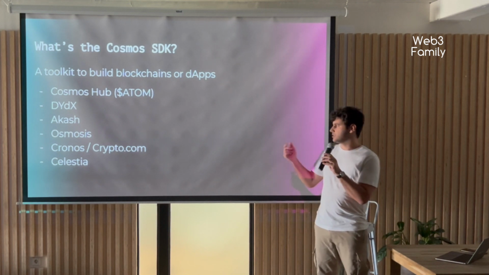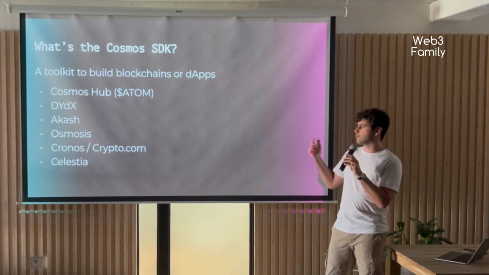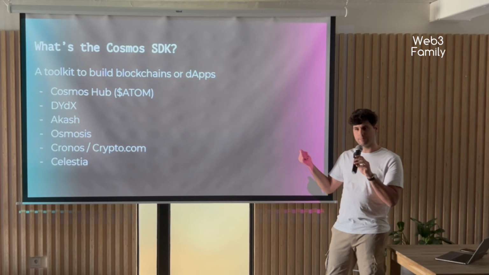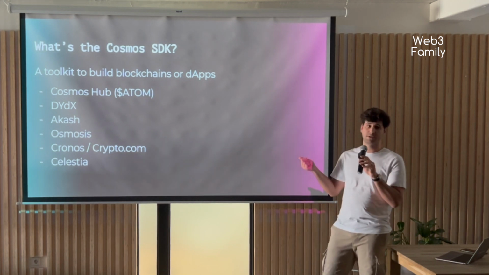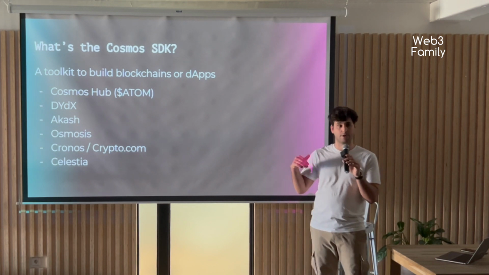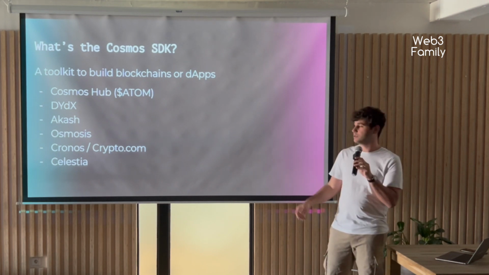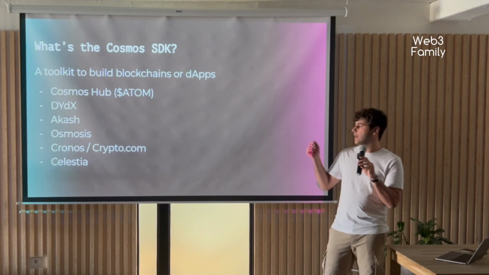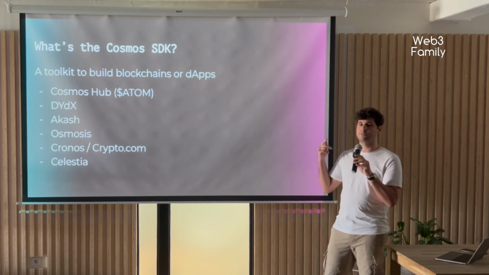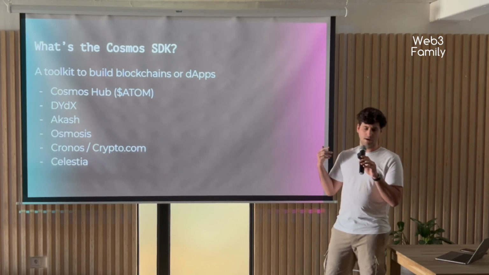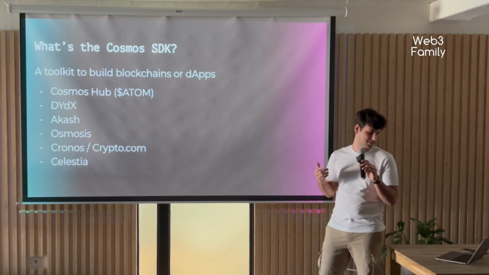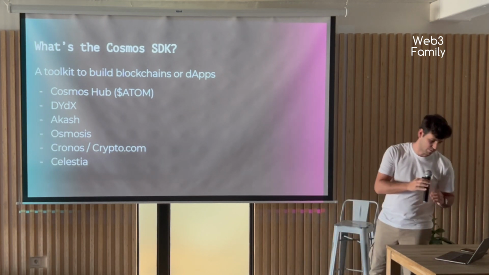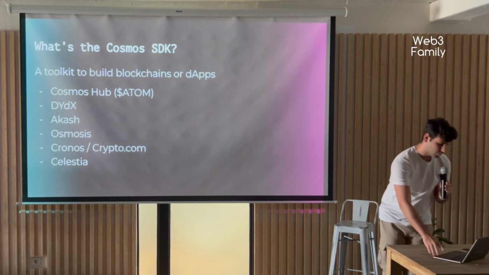Also, we have Osmosis. Cronos, the chain from crypto.com, uses the Cosmos SDK, and their team is also a contributor to our code base, which is pretty cool. We also have Celestia, Dymension, Neutron, Noble. We have lots of chains building on top of the Cosmos SDK.